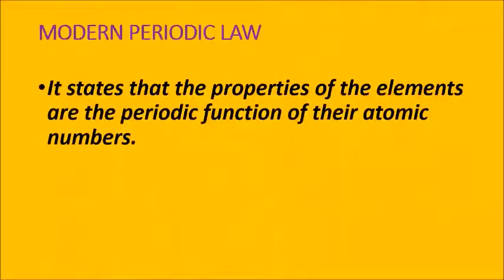So the next one came as a law, that is the modern periodic law. It states that the properties of the elements are periodic functions of their atomic numbers. That means Mendeleev's periodic law is changed into the modern periodic law by the arrangement of elements in the increasing order of their atomic number.